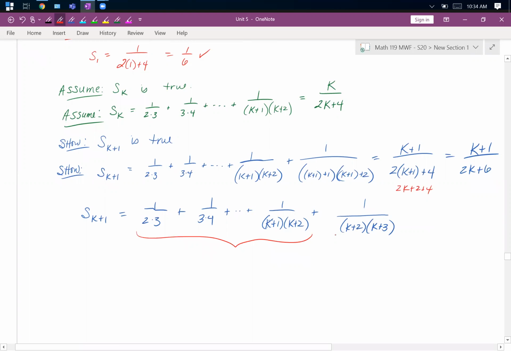Everything but the last term right here is equal to S sub k. Right? Looks just like this. So what we're going to do is substitute this in its place.